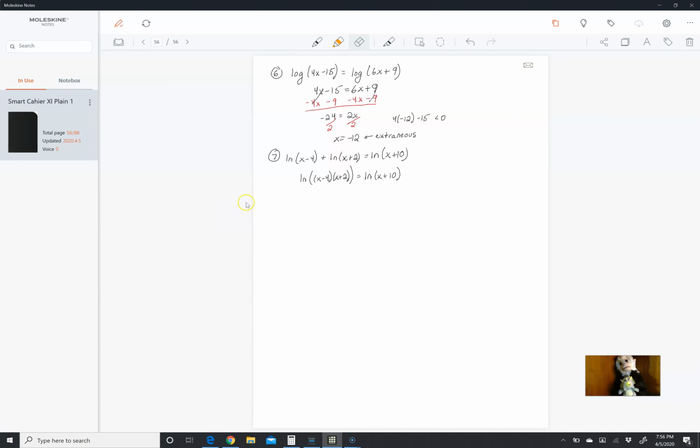When you have 2 logs on one side, it requires that extra condensing step. So now we can multiply x minus 4 times x plus 2. That gives us x squared minus 2x minus 8 is equal to x plus 10. Bases are the same. These are both ln, both base e. So the arguments are the same.